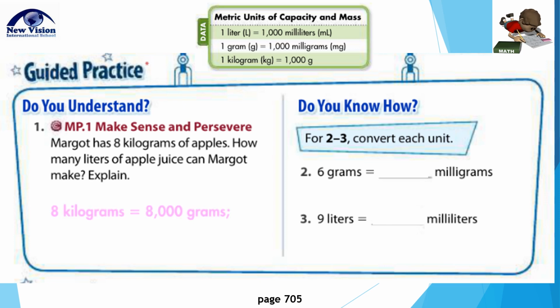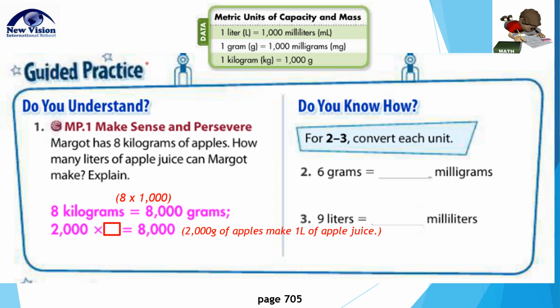So 8 kilograms, there are 8,000 grams. 8 multiplied by 1,000. In the example, 2,000 grams of apples make 1 liter of apple juice. So 2,000 times what is equal to 8,000? Great! It's 4. Therefore, the answer is 4 liters.